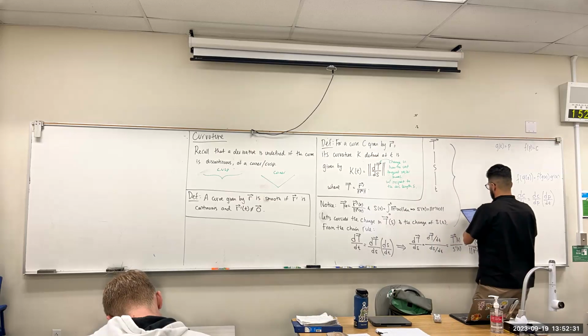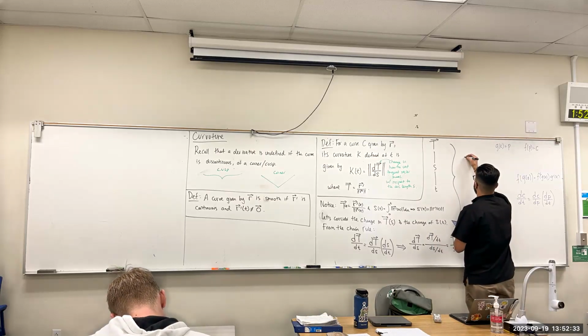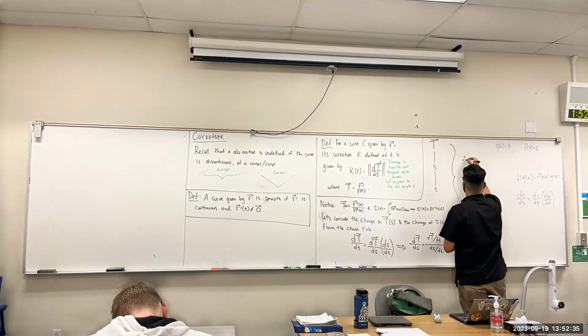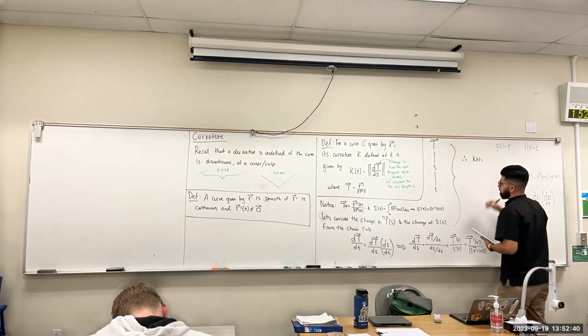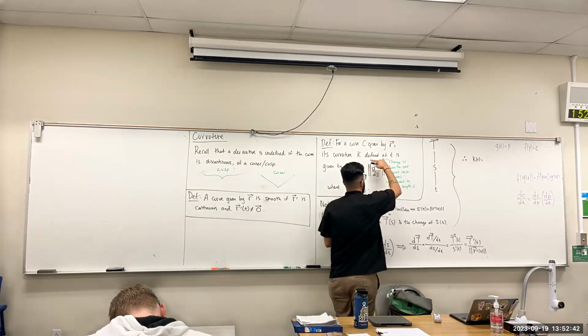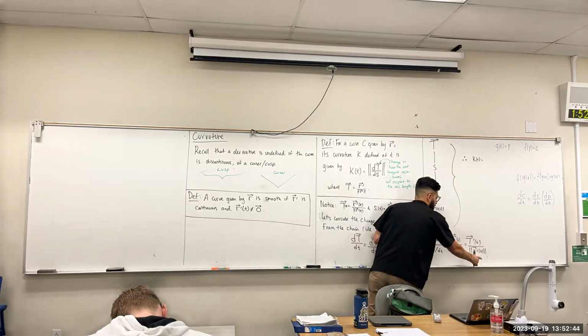So what we end up getting is this three little dots here, and in math that means therefore. Your curvature, we can find it by taking the magnitude of this bad boy here.